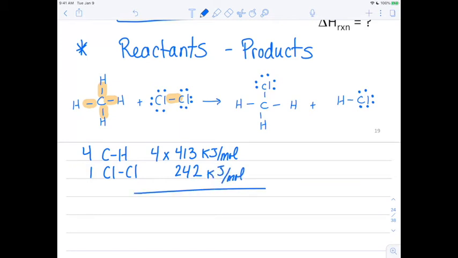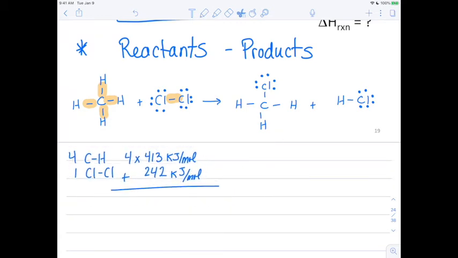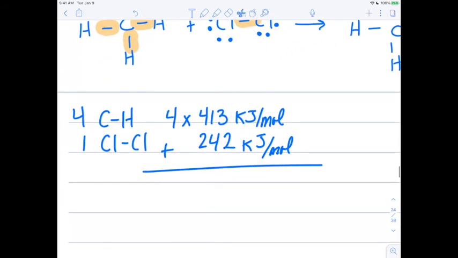And when we are ready, we're going to add all of that up. So any questions on how we got these values or why we said there's 4 carbon-hydrogen bonds and 1 chlorine-chlorine bond?